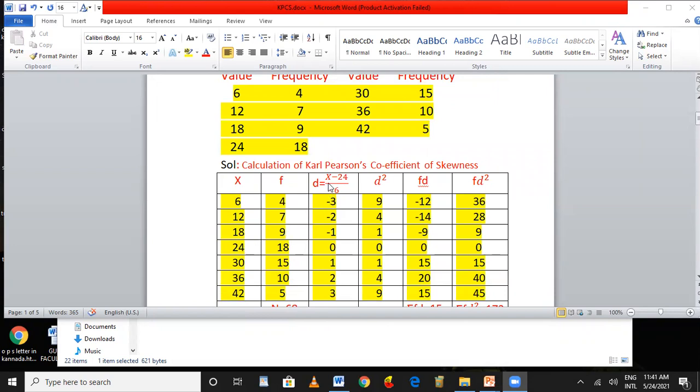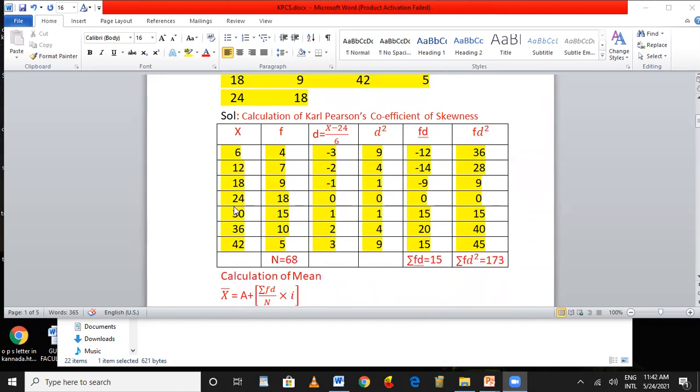Here X minus 24: 6 minus 24 is minus 18, divided by 6, it is equal to minus 3. Then 12 minus 24, it is minus 12, divided by 6, it is equal to minus 2. 18 minus 24, minus 6 divided by 6, it comes to minus 1.